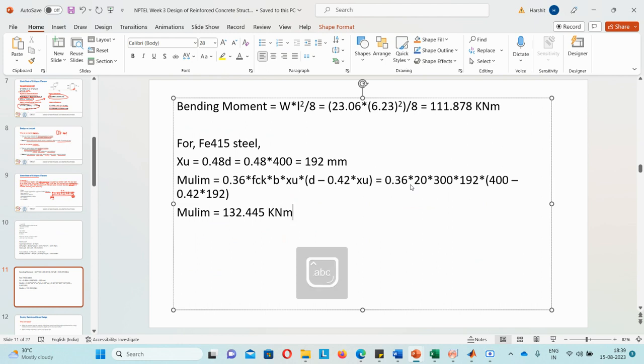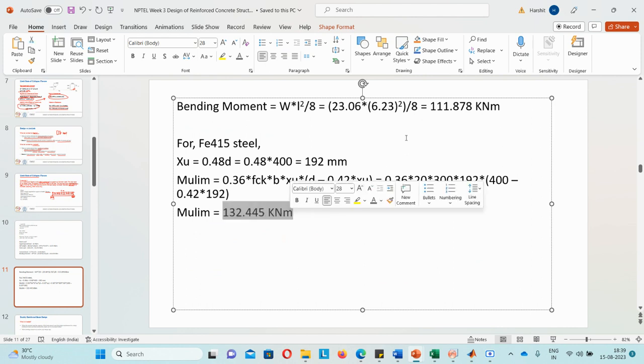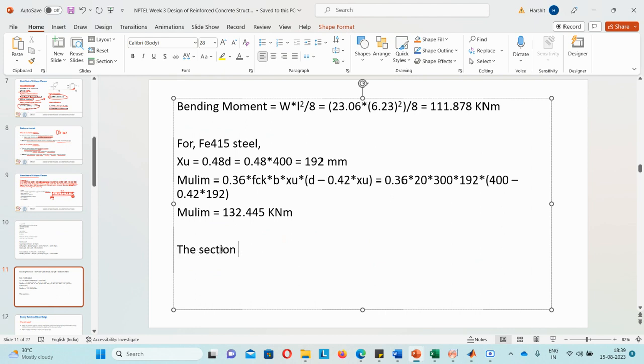kilonewton meter. Now we need to compare. So Mu limiting is around 132, and the bending moment that is acting on the beam right now is 111. So the section can be designed as a singly reinforced section. I will tell you why we did this.